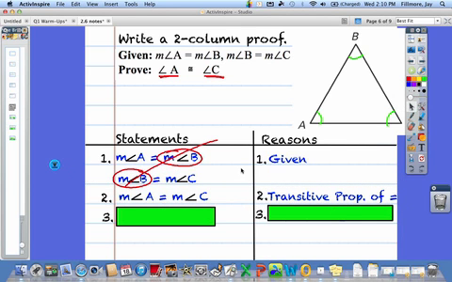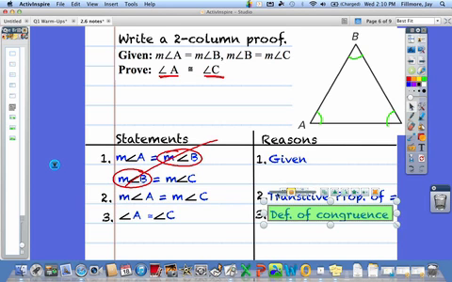Now that doesn't look exactly like up here. Down here we're talking about the measures of angles are equal. Here we're not talking about angle measure, we're talking about angles, and we're using congruent. So we have to somehow go from this to saying that they're congruent. Well, how do we know that if two angles have the same measure, we can logically conclude that they're congruent?